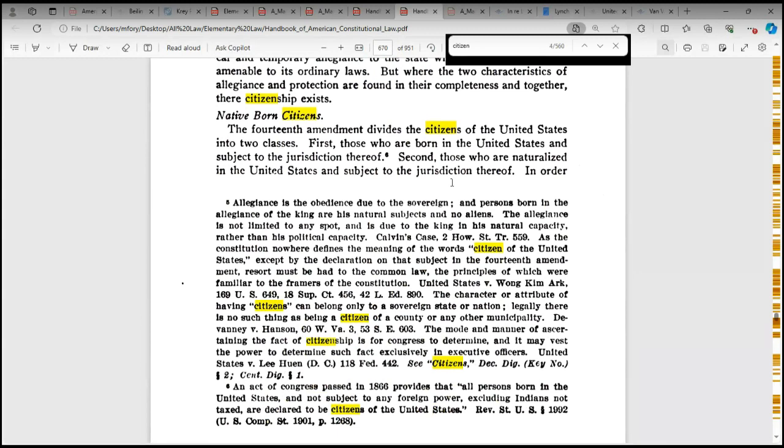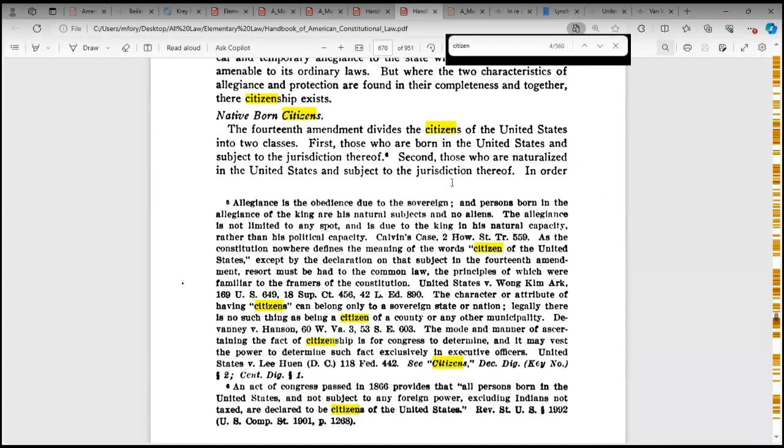The persons born in the allegiance of the king are his natural subjects and no aliens. The allegiance is not limited to any spot and is due to the king in his natural capacity rather than his political capacity.